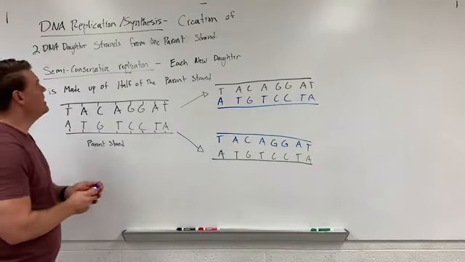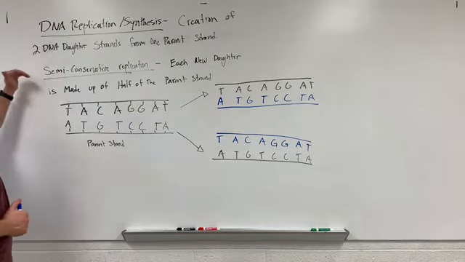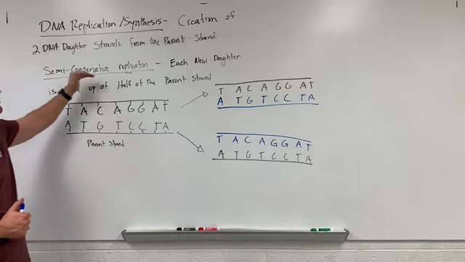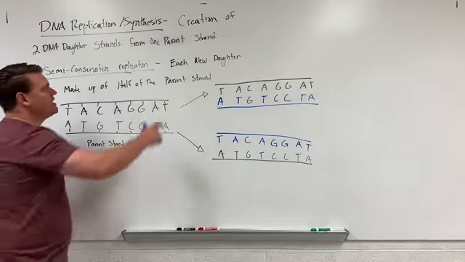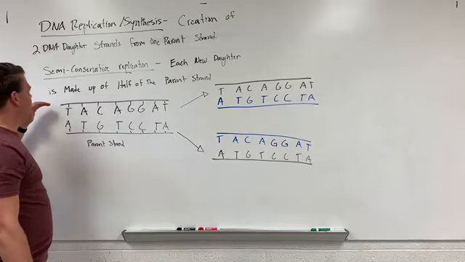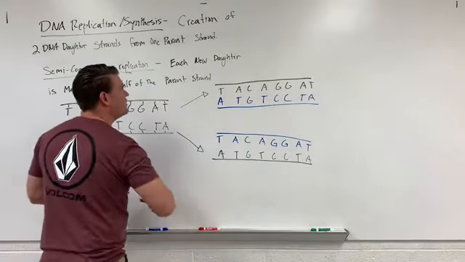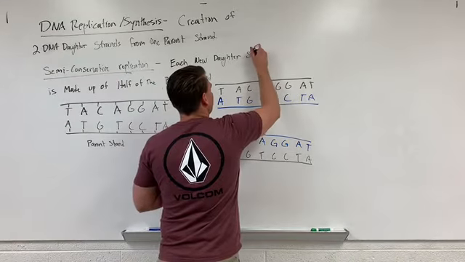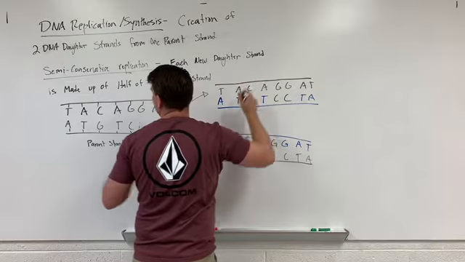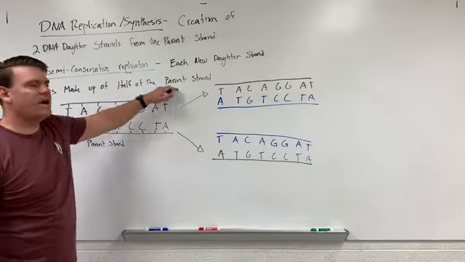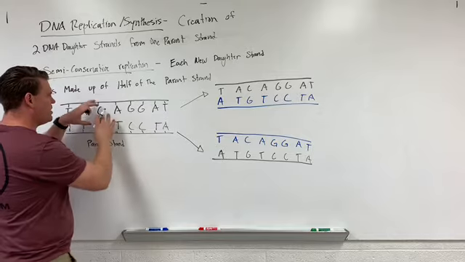And so what we see with our DNA replication is that it is a semi-conservative replication, which means each new daughter strand is made up of half the parent strand. So here's our parent strand.